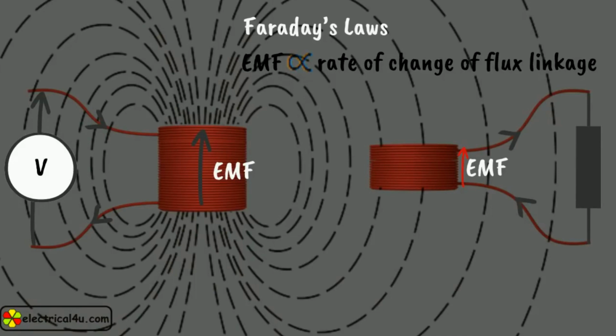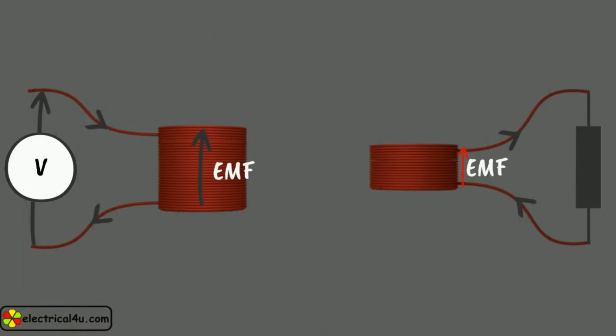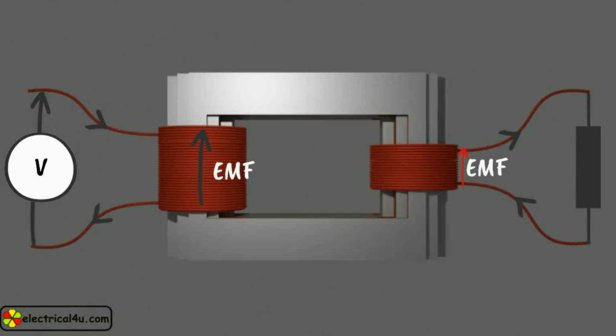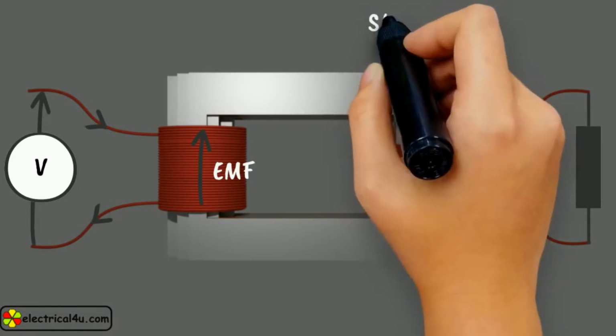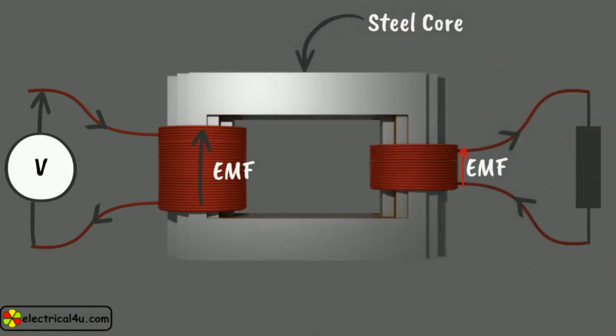This is because some portion of generated flux of the first winding is linked with the second. Now, if we want to transform maximum electric power from the first winding to the second winding, we have to link maximum flux of the first winding to the second winding. This is done by placing a low reluctant magnetic core in between these windings.